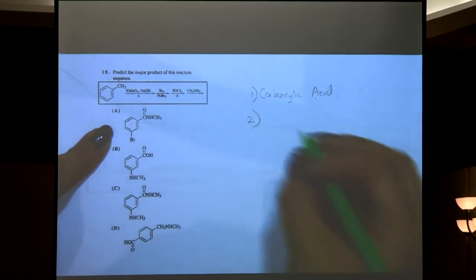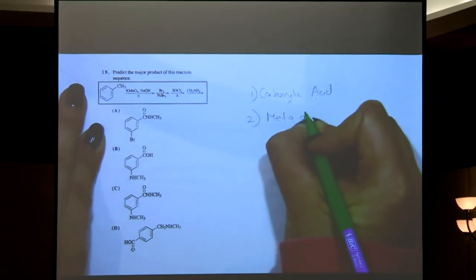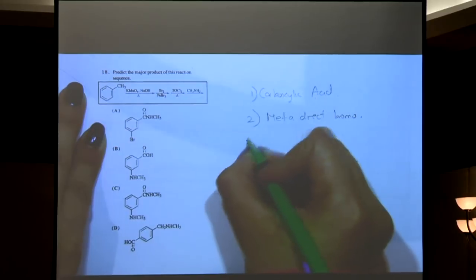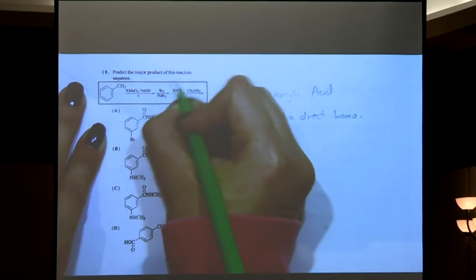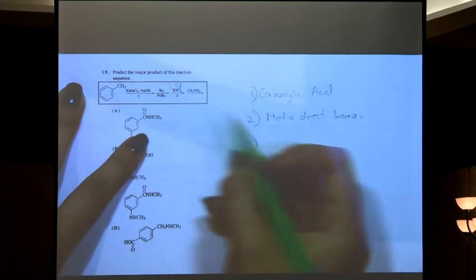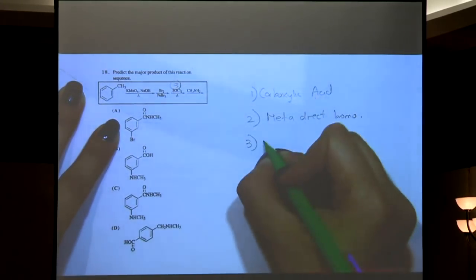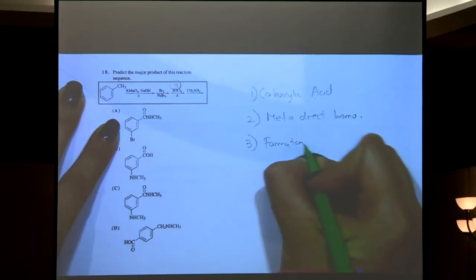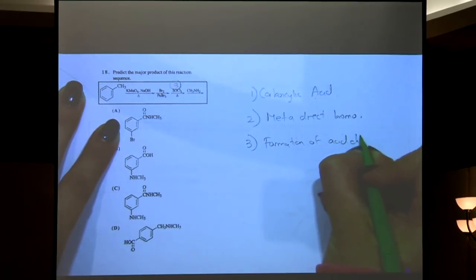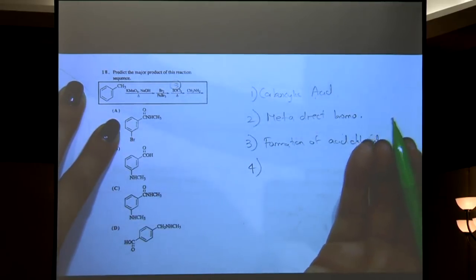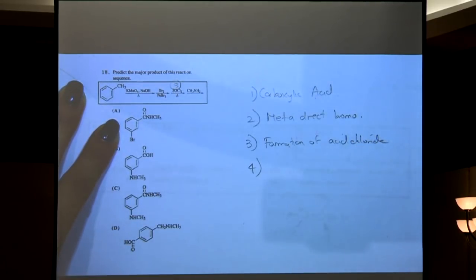Meta-direct bromo. For the third step, it's going to make that OH in our carboxylic acid a Cl instead. Once we do that, they're giving us a secondary amino group.